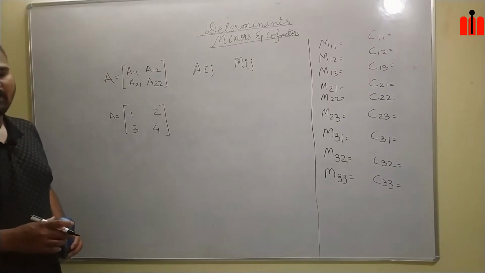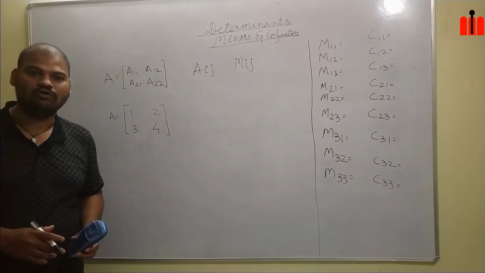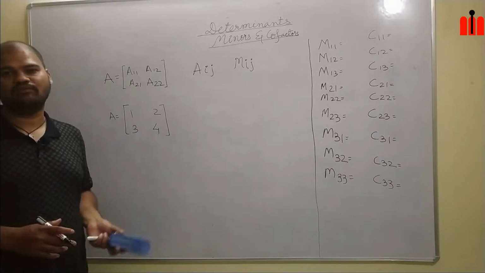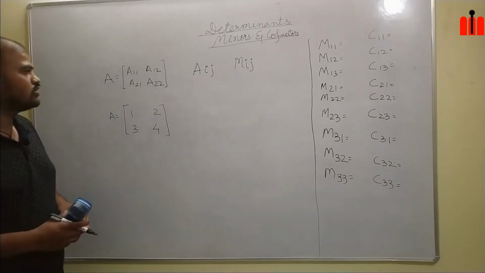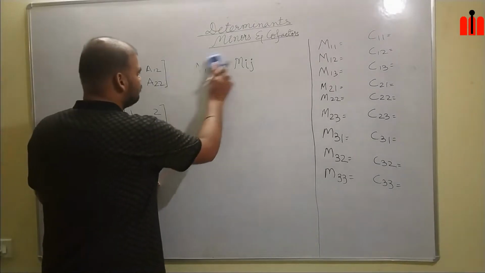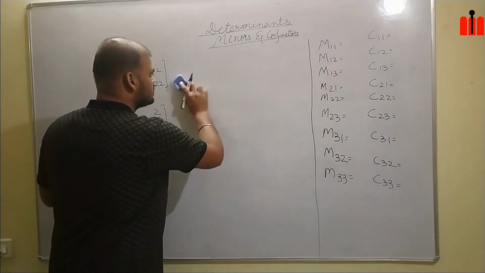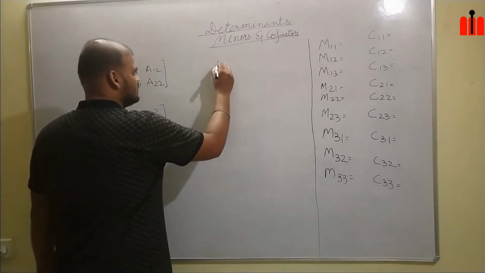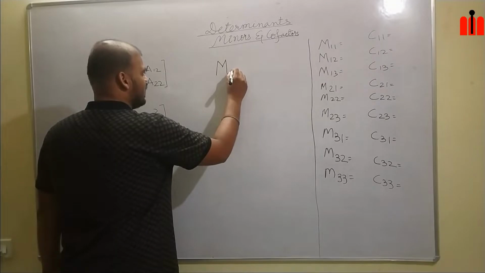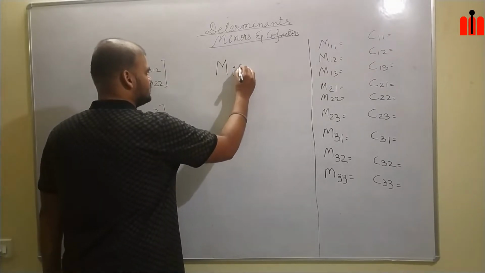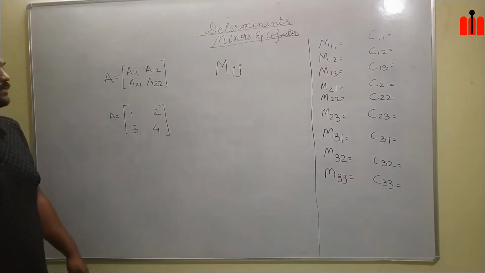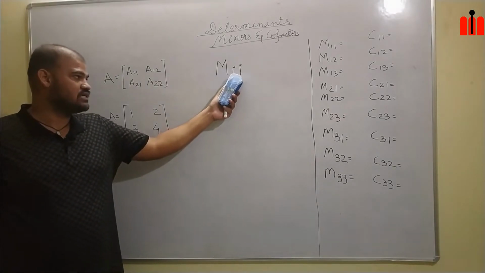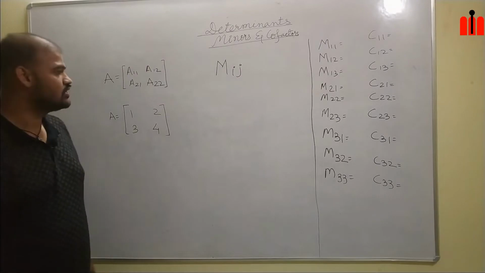Now, what will be the value of M11, M12, M21 and M22? To find the value of minors, first let's understand how a minor is represented. A minor is represented by Mij.